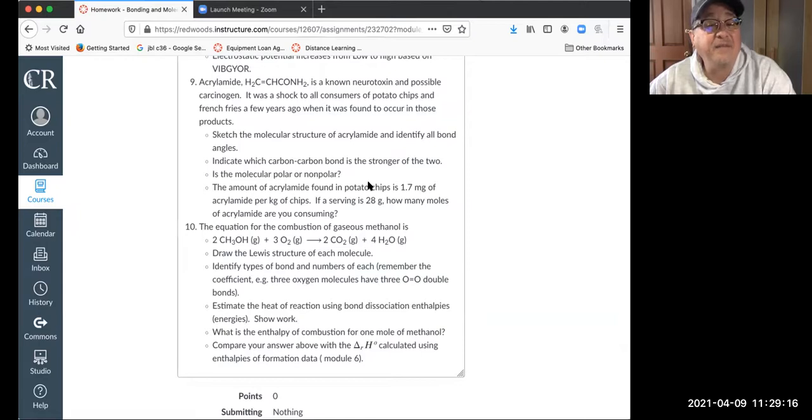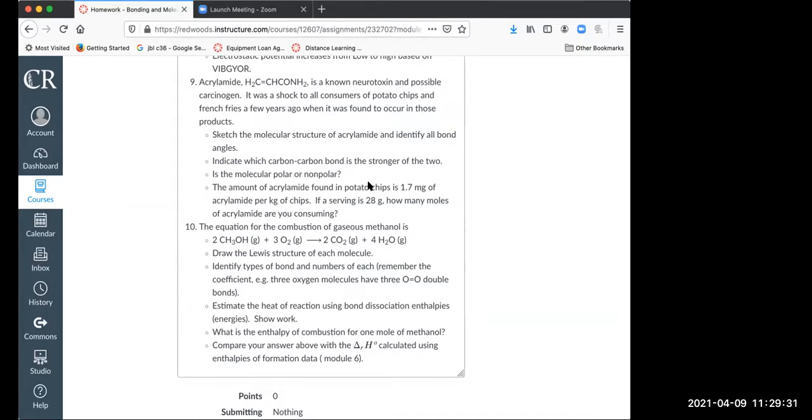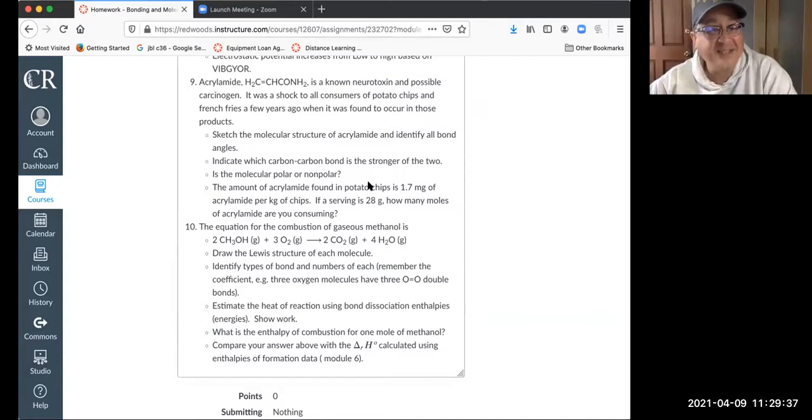And then we have the amount of acrylamide found in potato chips is 1.7 milligrams per 1 kilogram of chips. Do you know what 1 kilogram of chips is in pounds? That kind of seems like a lot of chips. It seems like more than about 2.5 pounds of chips. That's a big bag of chips.